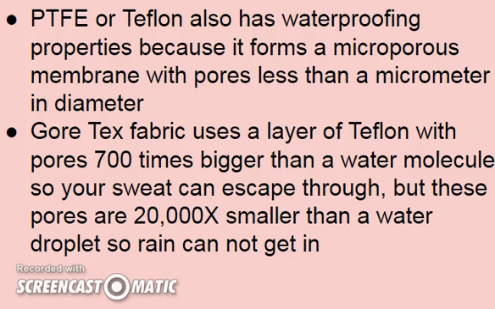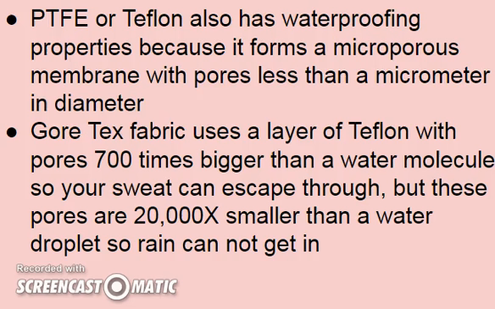Gore-Tex works on the idea that that pore is 700 times bigger than a water molecule, but 20,000 times smaller than a water droplet. That gives you an idea of how many water molecules have to be in one drop so that we can actually see a droplet of rain.